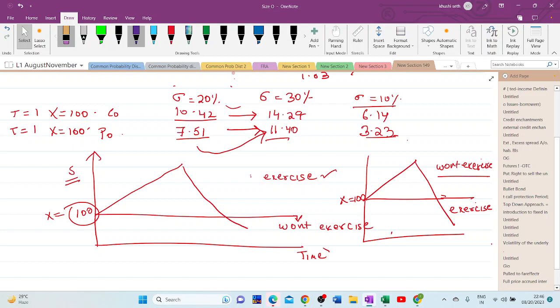So if your S is less than X, you simply won't exercise. If you bought a call option, you have everything to gain but nothing to lose. But volatility buyer को सूट करता है, seller को कभी सूट नहीं करता, right?